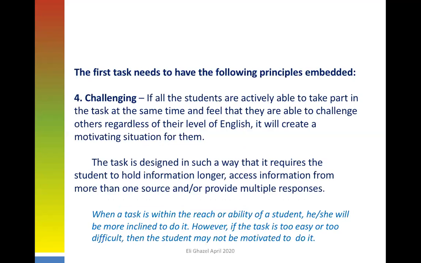Now, again, the fourth principle here is very important. If all the students are actively able to take part in the task at the same time and feel they are able to challenge others, regardless of their level of English, it will create a motivating situation for them.